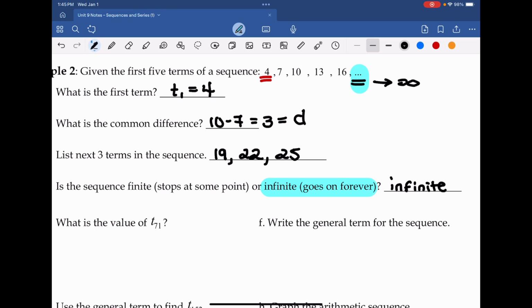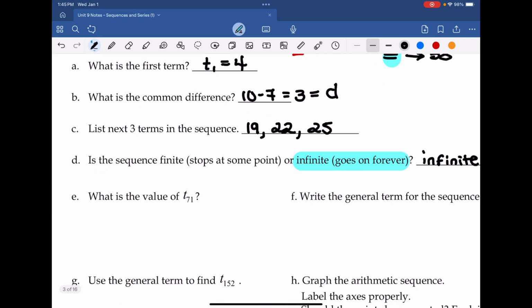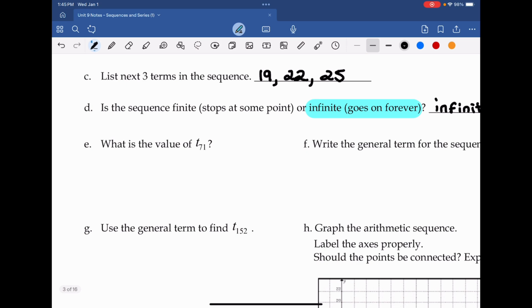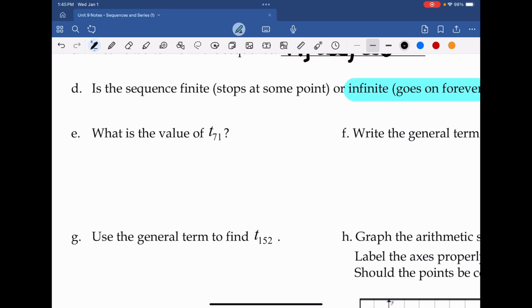Awesome. Okay, now they're asking us, what is the value of T71? Now, to figure out the value of T71, again, this is meaning what is the 71st term in this sequence? So we're going to write it out in the following way. T71 is equal to, well, on our formula sheet, remember, we're going to be given this T1 plus n minus 1 all times the common difference. Now we're going to plug in what we know about this.